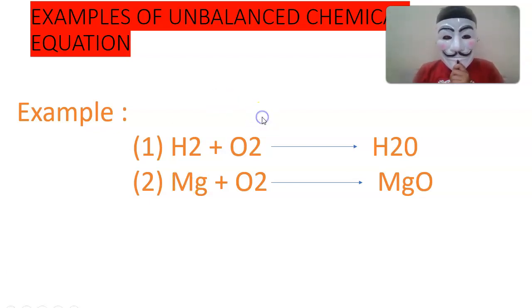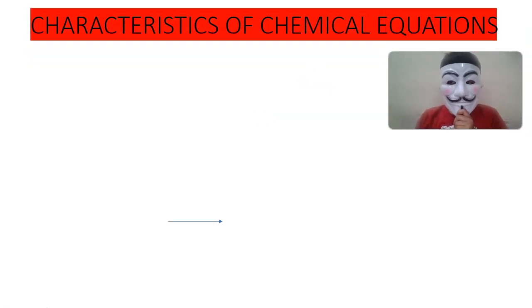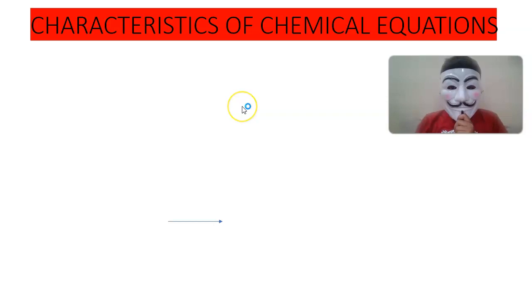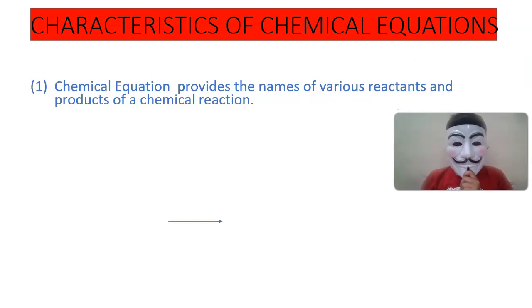Next topic is the characteristics of chemical equations. Let's see the first point. A chemical equation provides the names of various reactants and products of a chemical reaction.